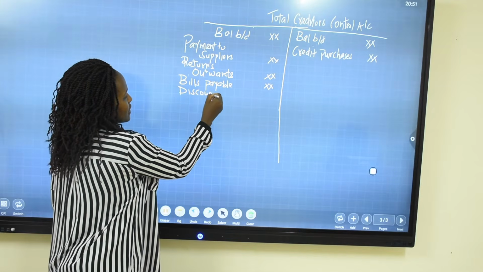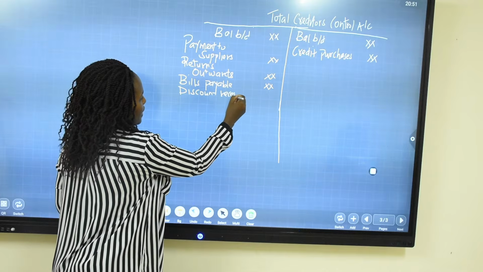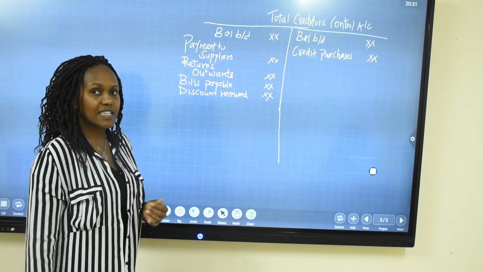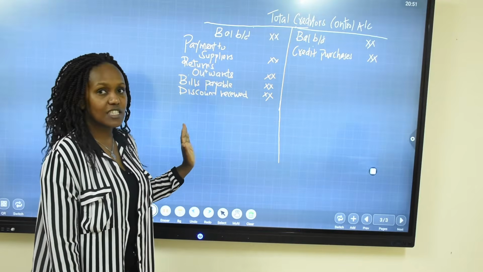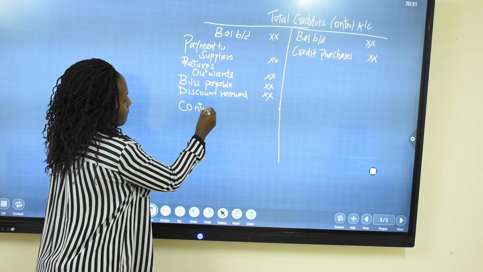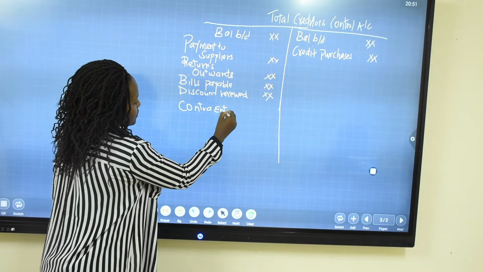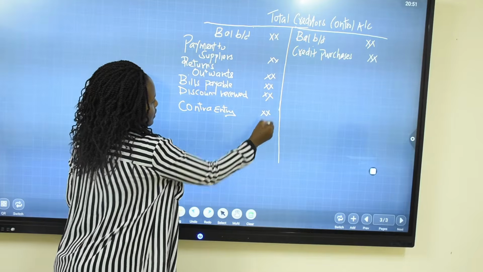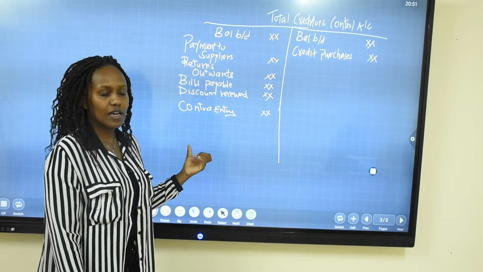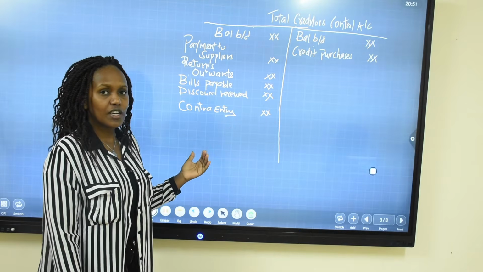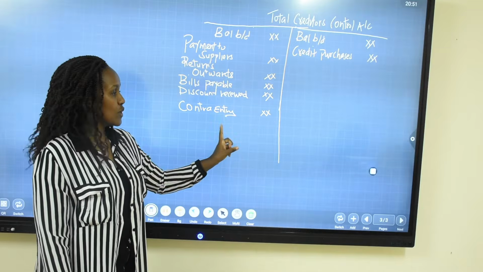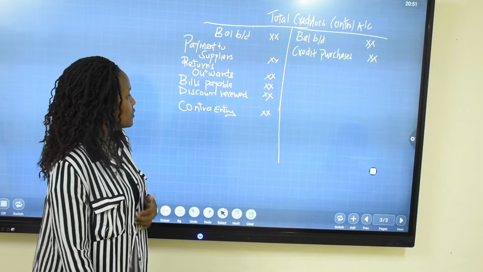Once we get some discount from the suppliers, the obligation decreases. Again, we talked about contra entry, whereby a certain customer is also a supplier. So the organization supplies some goods to them, they also supply some goods to us. So we set off the debt as a contra entry.